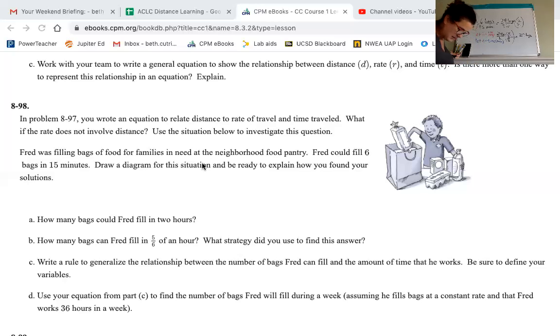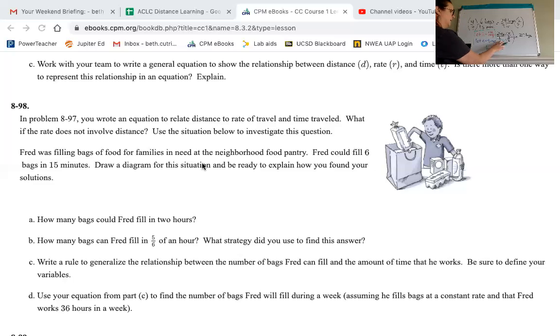And what else do we need? Oh, that's all we need. So here's our variables we're going to use. We're going to use B and T. And we're going to say B bags equals 24. Is this in minutes or hours? This is in hours.